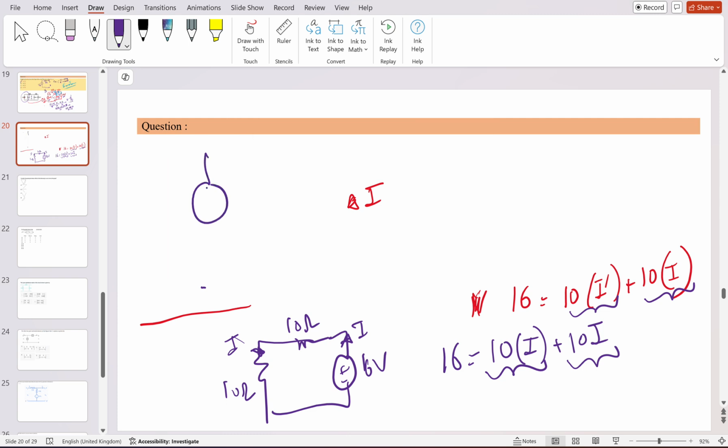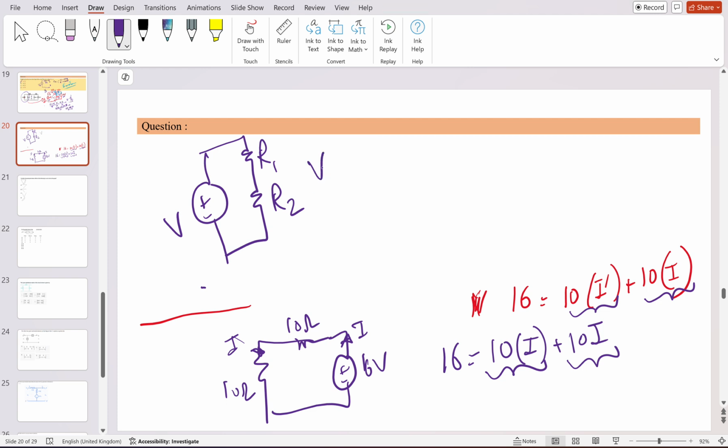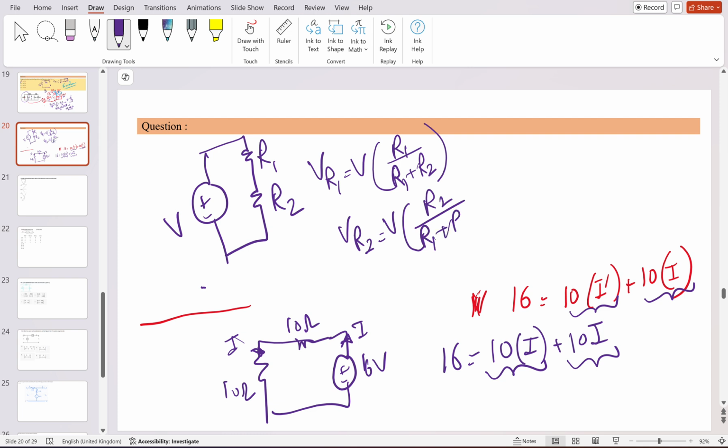Suppose there is one voltage source V and there are resistances R1 and R2. Now you can apply the voltage division principle there. The voltage across R1 will be V times R1 divided by R1 plus R2, and the voltage across R2 is V times R2 divided by R1 plus R2.